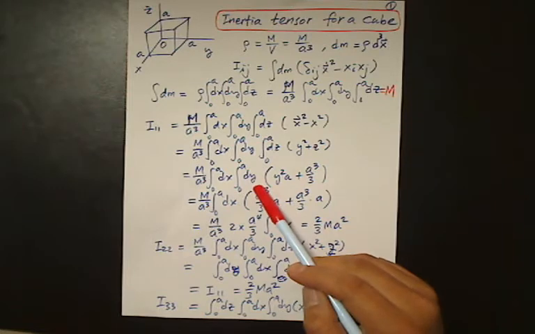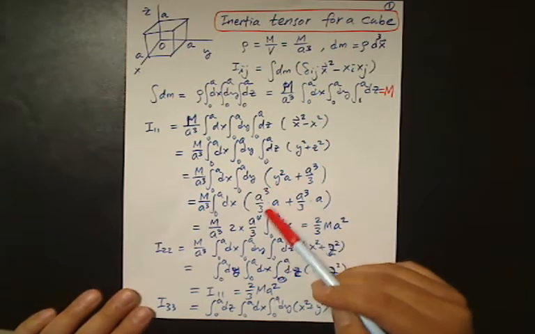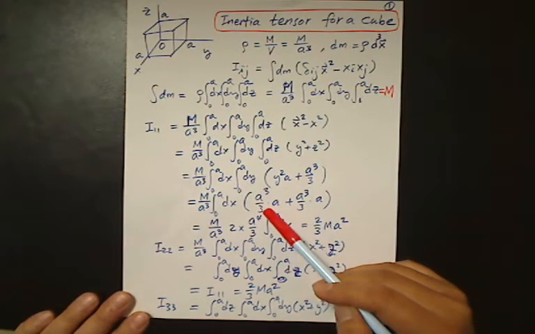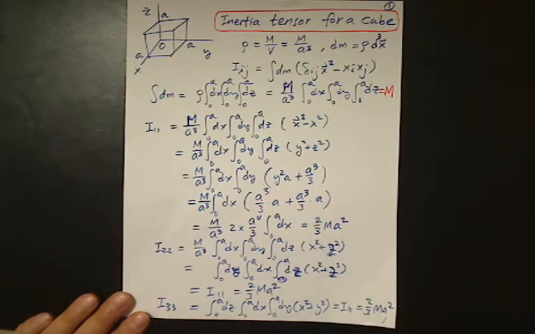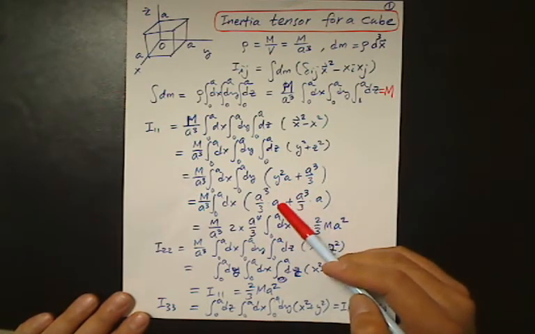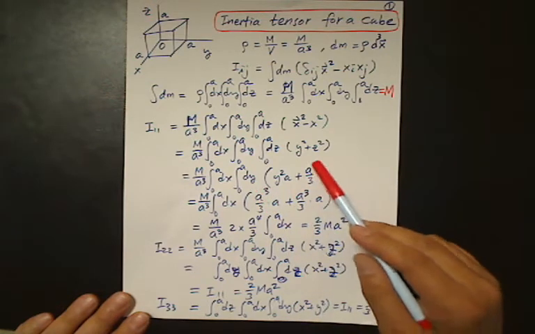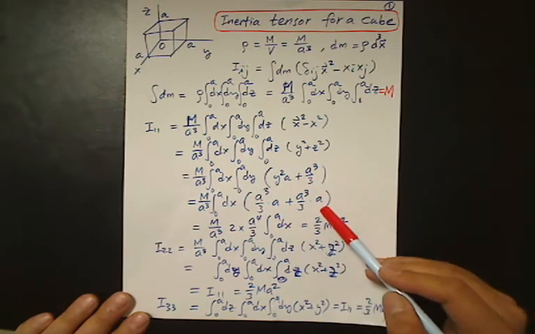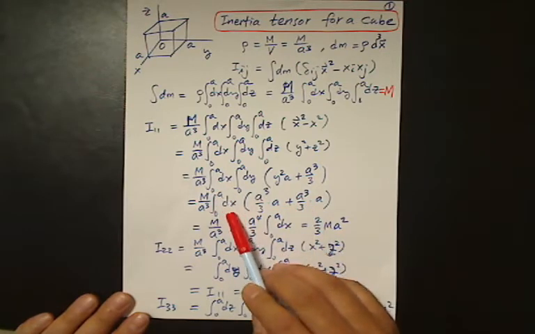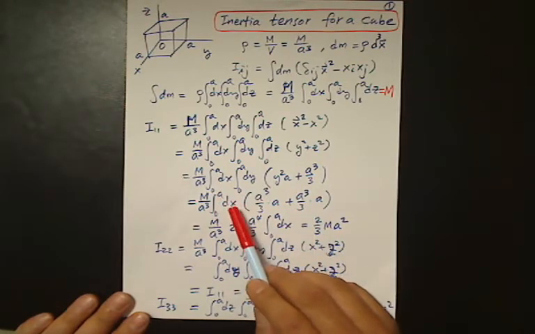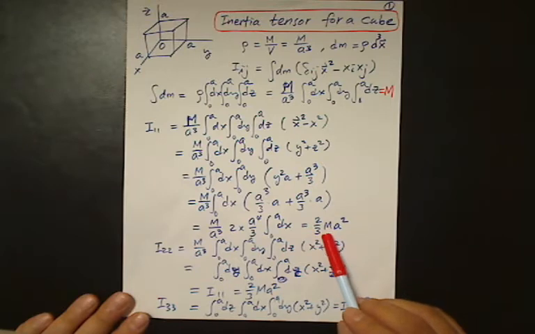Then we can integrate over y to have 1/3 of a cubed multiplied by a, and the y integration of this constant will be multiplied the same as the multiplication of a. At the end, we have a constant integration over x, so this integral will be just a. The result is 2/3 of ma squared.